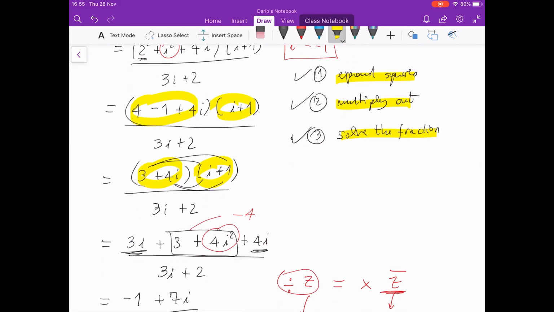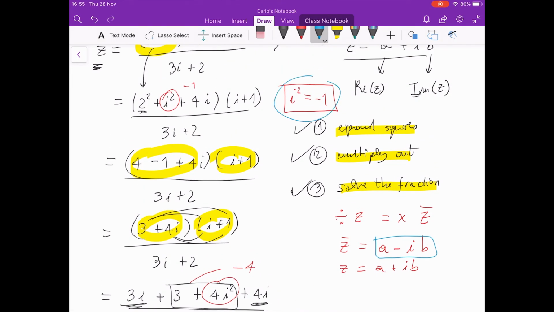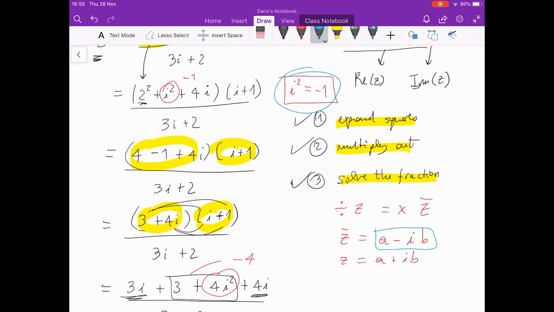And the way we solve the fraction is remembering that dividing by z is equal to multiplying by z conjugate. And z conjugate is going to be equal to a minus ib if z was equal to a plus ib. So that minus sign is really what we're after. And throughout we always use the fact that i squared is equal to minus 1.